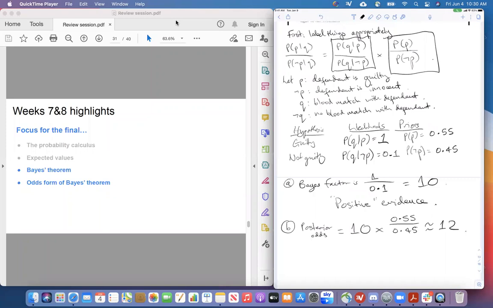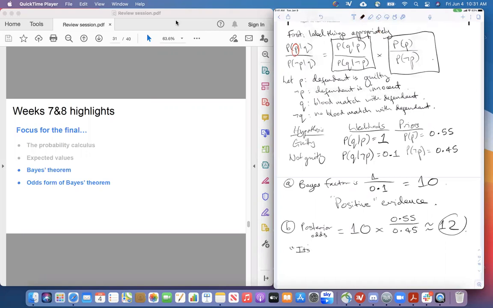When I ask you to interpret the posterior odds, I am asking for something like this. Because this number is bigger than 1, you know it's in favor of the hypothesis that's on the top here. So it's in favor of P. P was the guilty hypothesis.